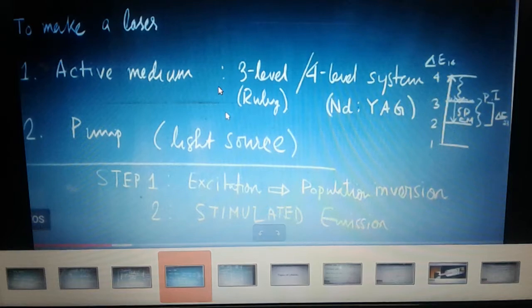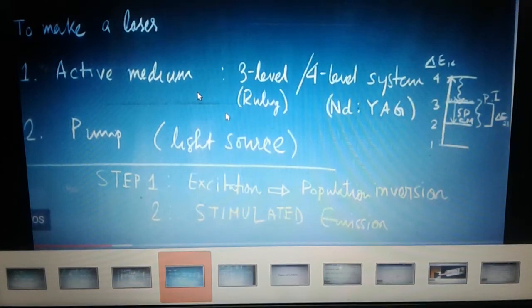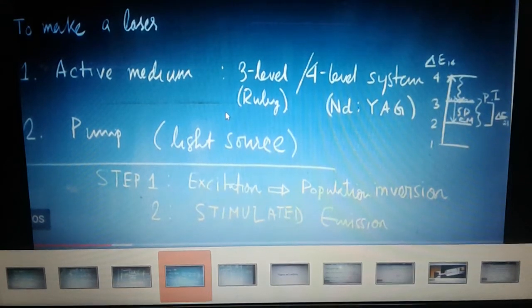Now here in this slide, you can see that to make a laser we require an active medium and a pumping source. These are the two components. Now active medium has some special requirements. Every material cannot be made a laser source.